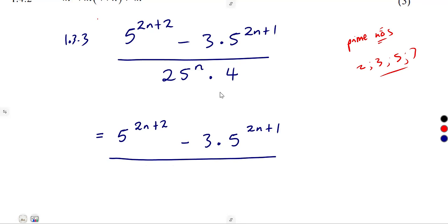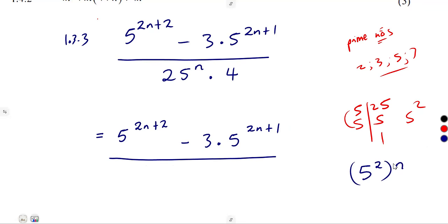Then we focus on 25. It is not in simplest form. It is not a prime number. 25 is the same as 5 times 5, which is 5 squared. So in place of that 25, it was supposed to be written as 5 squared to the exponent of n.